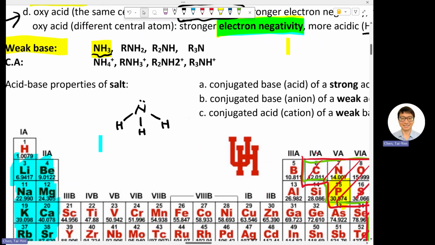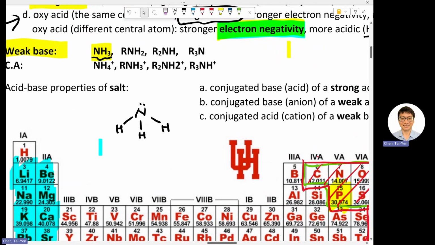Sometimes you will see it written in this form: RNH2. The R is just the alkyl group. For example, CH3NH2.